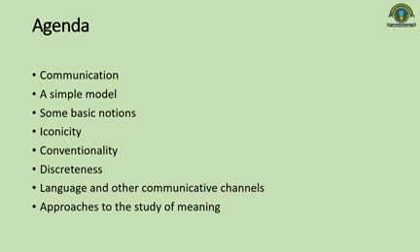Then we will move towards various approaches to the study of meaning, including psychology and philosophy, neurology, semiotics, and linguistics. So students, this is the agenda of our today's presentation. Let's start our session that is related to communication.